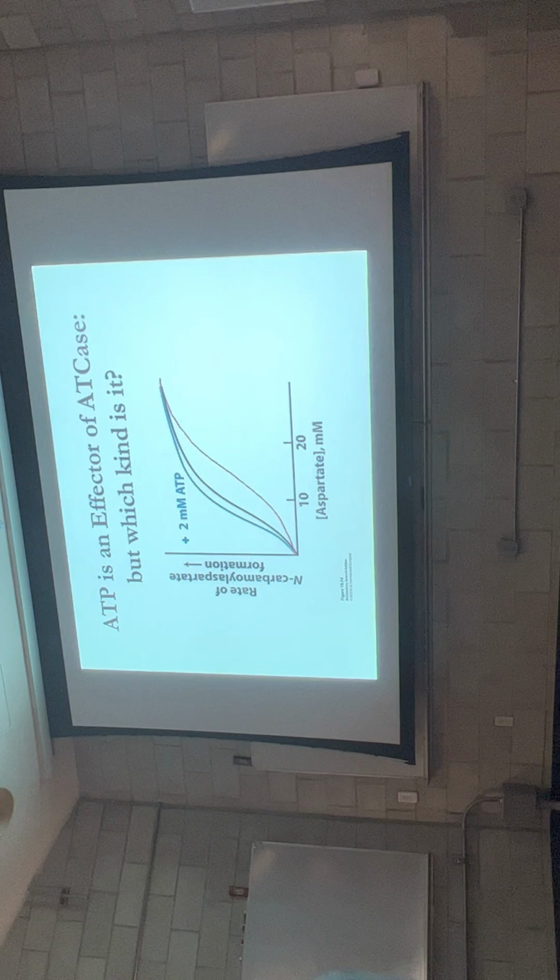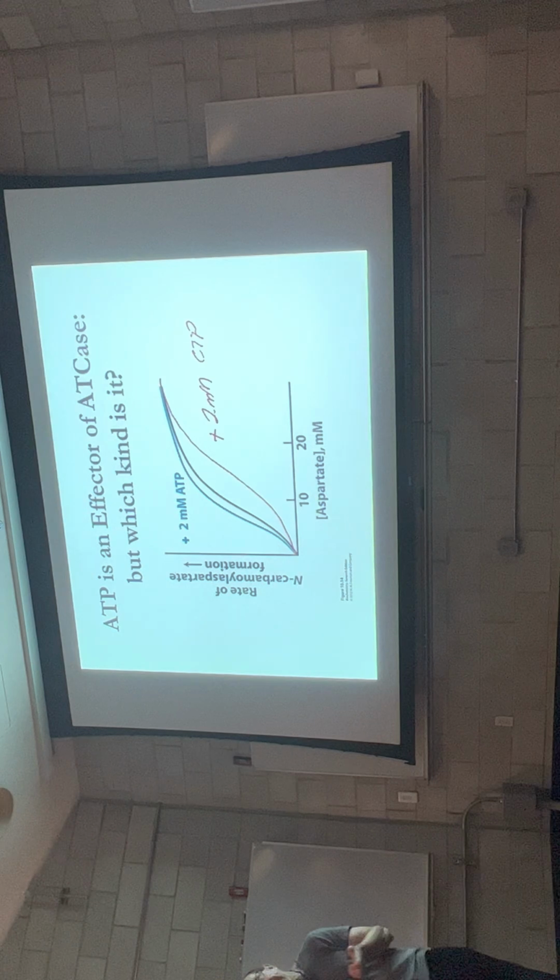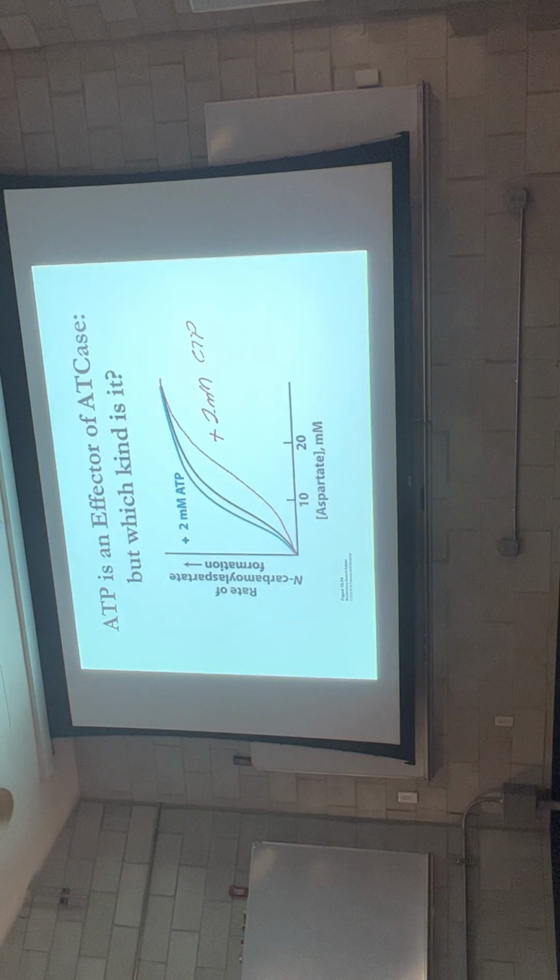Because eventually substrate can overcome a negative effector. So in the presence of ATP, the curve shifts to the left. So that means that ATP is stabilizing the R state conformation as compared with CTP.